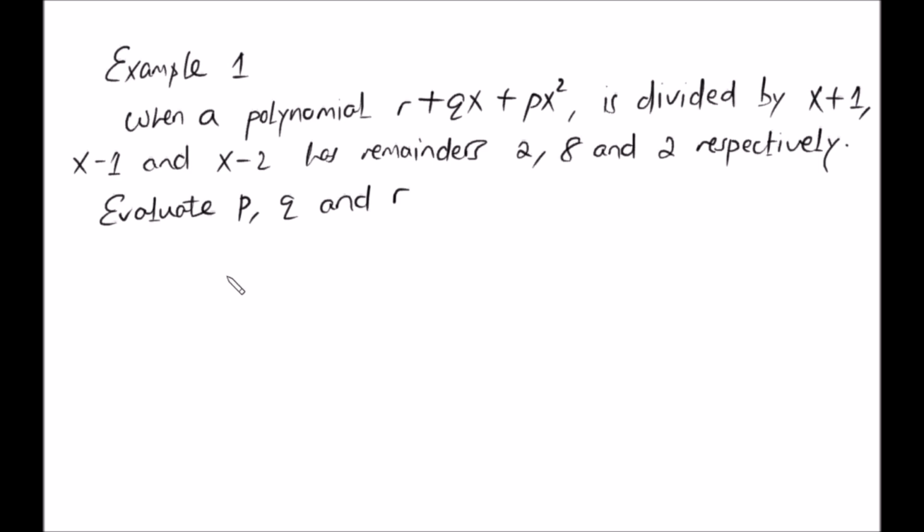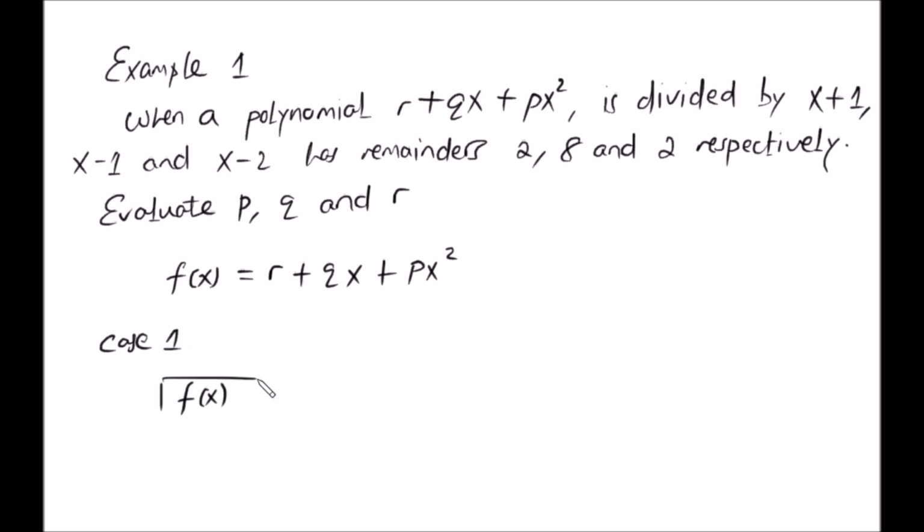So this is our polynomial function, f of x is equal to r plus qx plus px squared. So for the first case, case 1, we are going to divide this f of x by x plus 1.